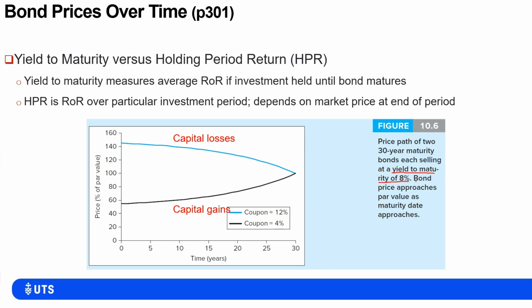Both of them have YTMs of 8%. Yield to maturity measures the average return on revenue if the investment is held until the bond matures. So the premium bond and the discount bond in this example have the same average return.